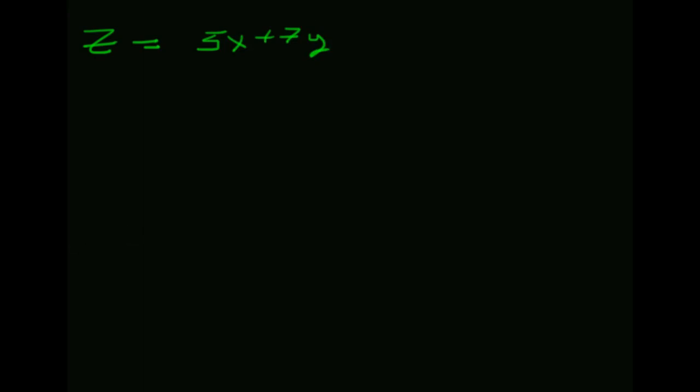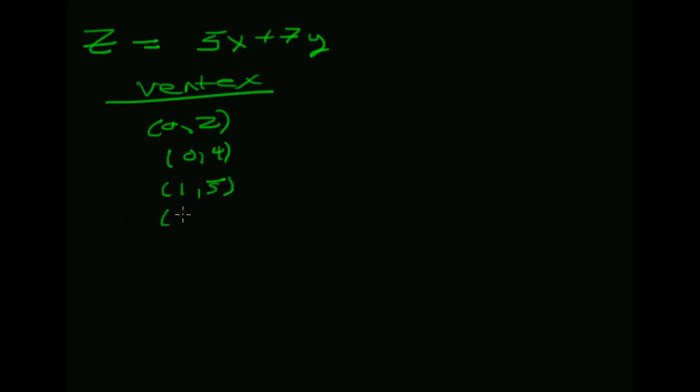If you go back and look at the graph of the feasible region, there are 6 vertices, in fact, and those vertices are at the following values: (0, 2), (0, 4), (1, 5), (6, 3), (5, 0), and (3, 0). So there are 6 vertices of that feasible region.